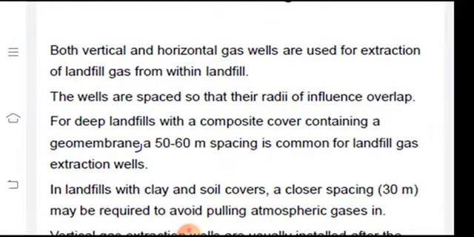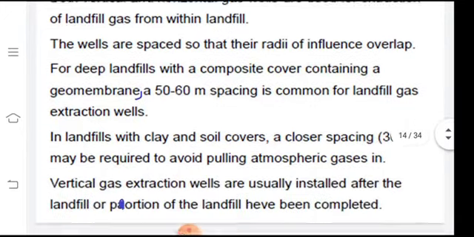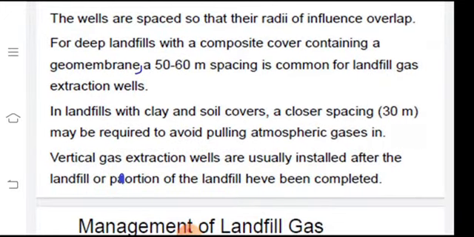For deep landfills with a composite cover containing a geomembrane, 50 to 60 meter spacing is required between the wells. And in the case where the liner is a clay liner with a soil cover, the spacing is 30 meters. The main thing is that we need to overlap the radius of influence.